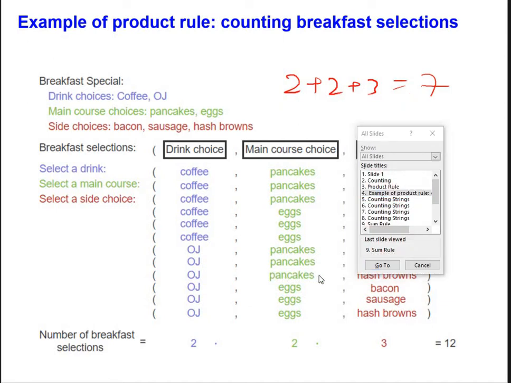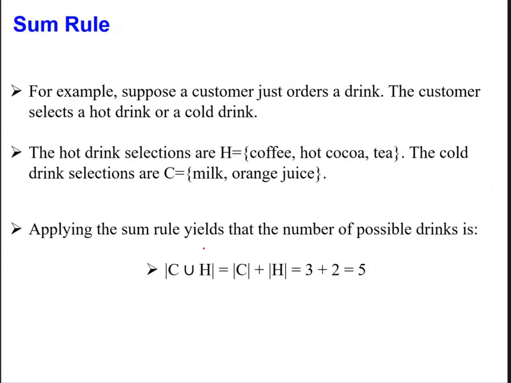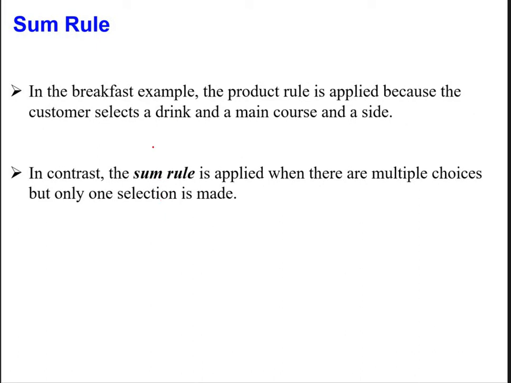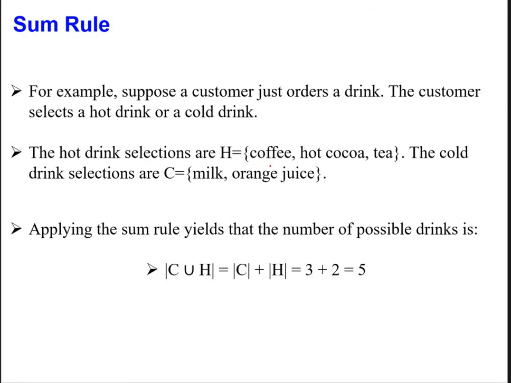Okay, let's go back to the previous slide. In that example, you had to choose one out of each of the menus. But in the sum rule, let's say you have the same food example with 2 sets: coffee, hot cocoa, tea, and the other set is juices.